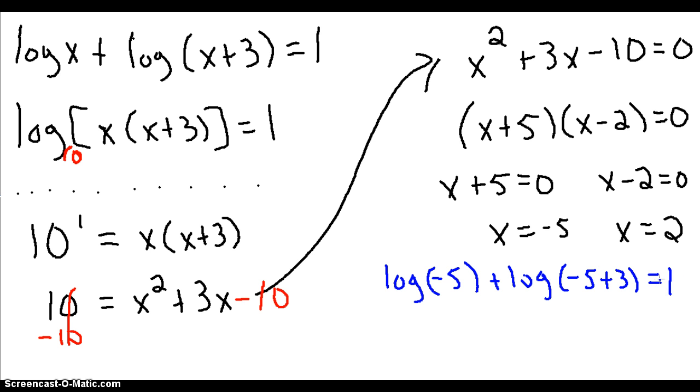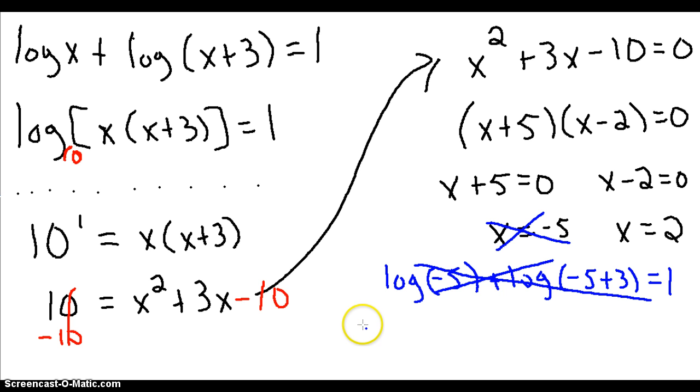Right off the bat, we see we have the log of a negative number. Both of them will actually be negative, but it's sufficient that if it makes one of the log expressions negative, then it can't be a solution. Which means x equals negative 5 cannot be a solution.